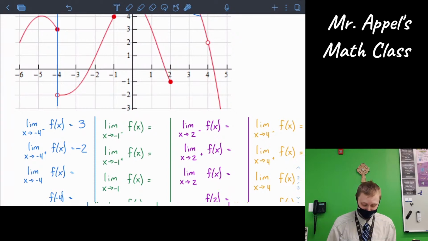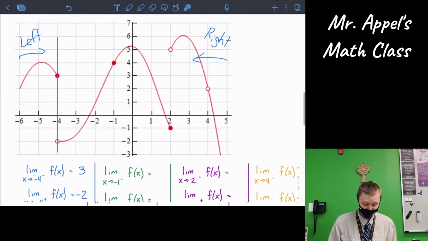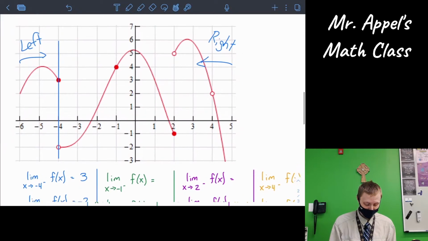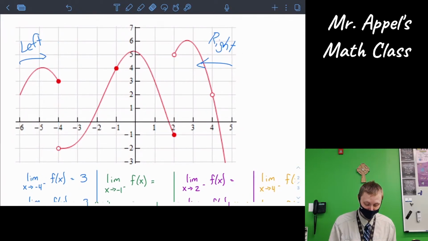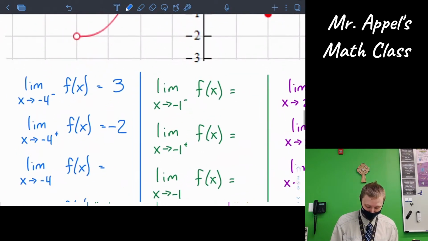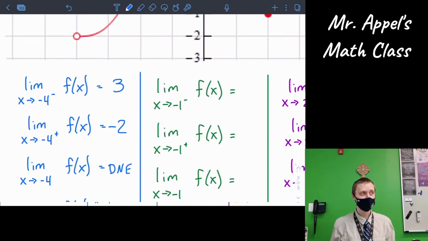Clearly, they do not match up. And we can look at the graph and say, yeah, there's a total discontinuity there. I will literally have to pick up my pen and continue elsewhere to keep drawing this graph. It's disconnected. The limits do not match. The answer is DNE, does not exist, because both sides do not meet.